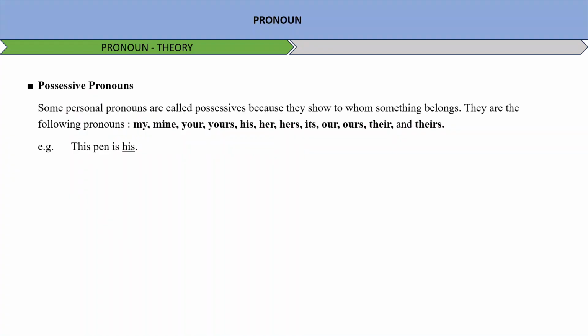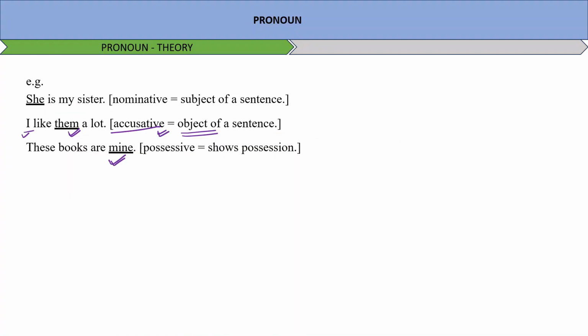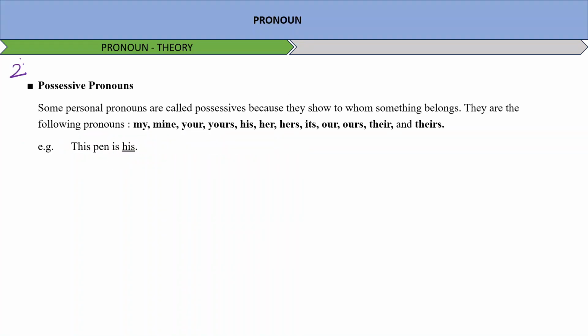Now, possessive pronouns. What are possessive pronouns? First of all, number one, we did personal pronoun. Now let's move on to the second one, possessive pronoun. Some personal pronouns are called possessives because they show to whom something belongs.